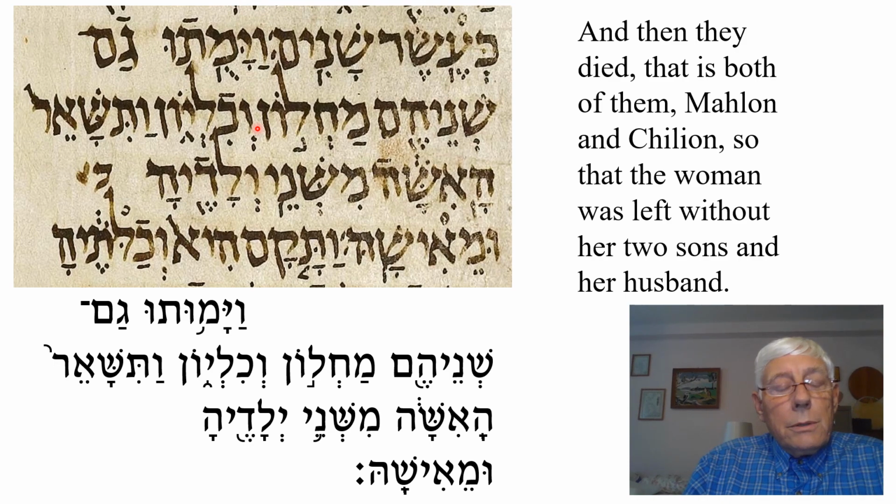Very interesting variation here of the U sound. We have va, ya, mutu, and the U sound here is given via kibbutz. Kibbutz, you don't see that a whole lot. It isn't one of the most common vowels. And in the printed version that we have, and I don't really know when and where this little change came through, there's no kibbutz, but certainly the U sound is put in here via shuruk. So you've got a shuruk right in the middle of it.